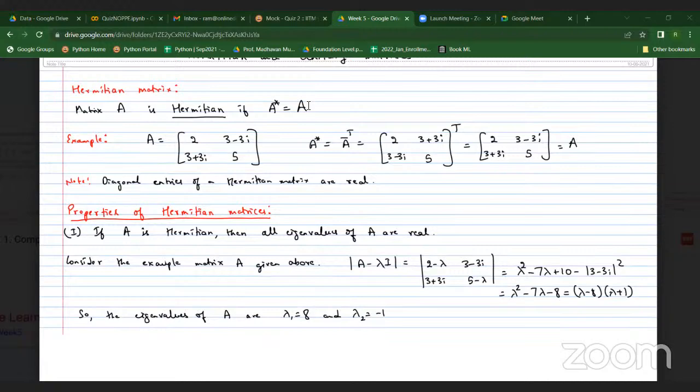Let's discuss this part alone because it's important. You're saying that A equals A star, which basically means A equals A conjugate transpose, or A transpose conjugate. Let's consider this A transpose conjugate.